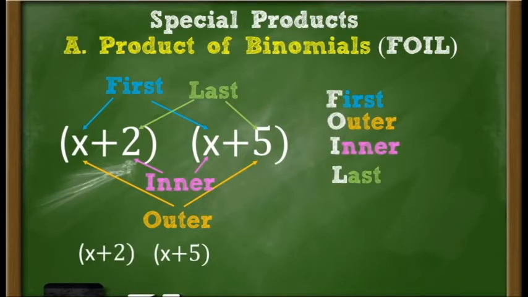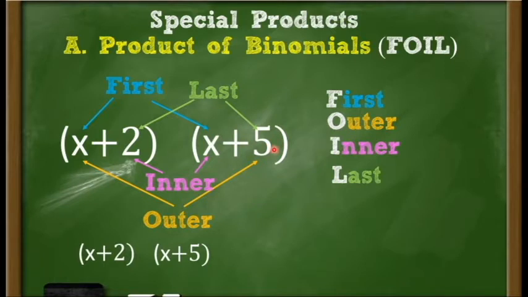So following the FOIL method, to get the answer, we are going to multiply or get the product of each terms. So for the first terms, the outer terms, the inner terms, and the last terms. So look at my laser pointer. For the first one, that is x multiplied to x, will give you x squared. Add it to the next product, that is the outer terms. That's x and 5.